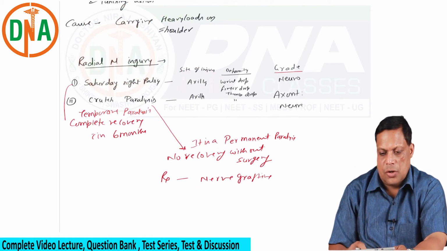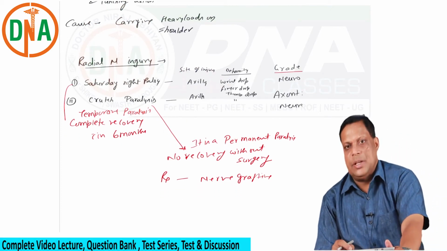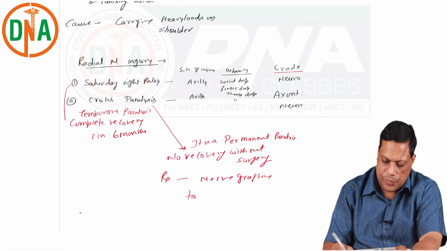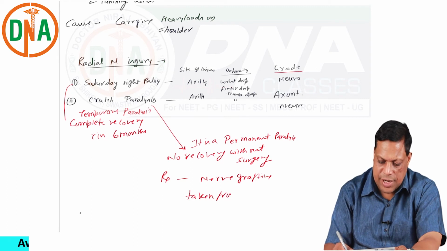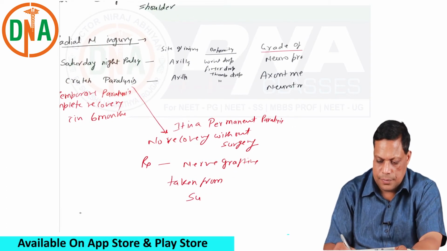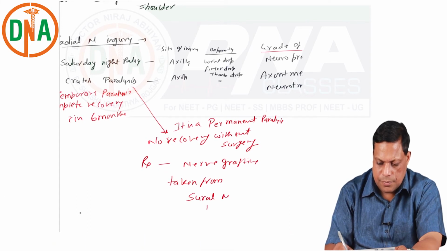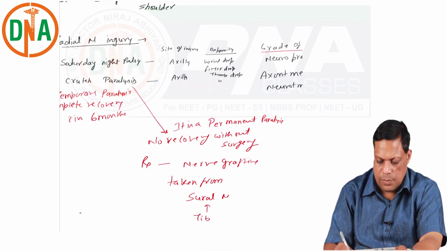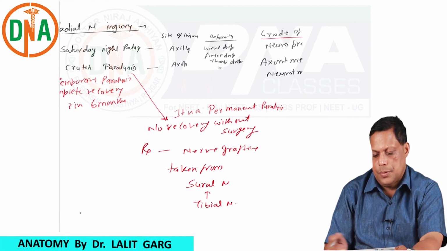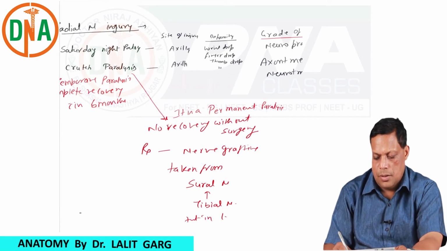The damaged part of the nerve is removed and a healthy piece of nerve is connected. This is nerve grafting. The nerve graft is taken from the sural nerve. The sural nerve is a branch of the tibial nerve present in the leg.